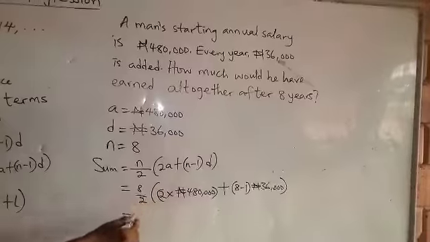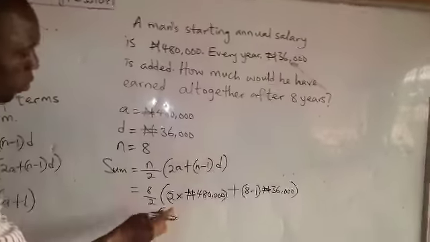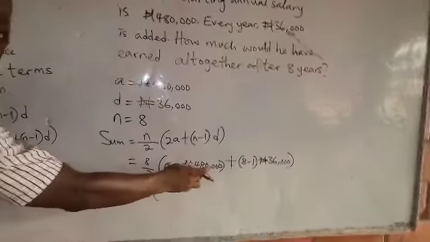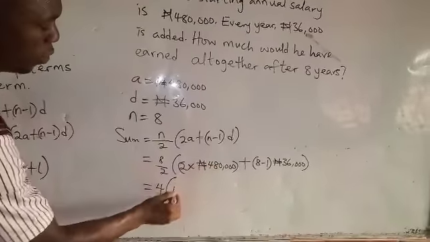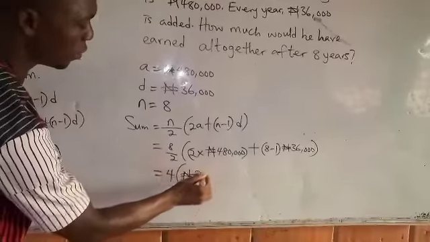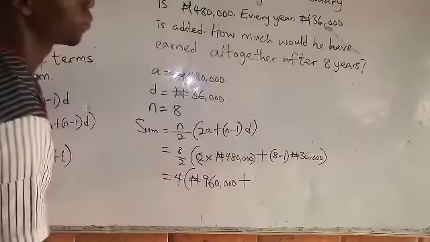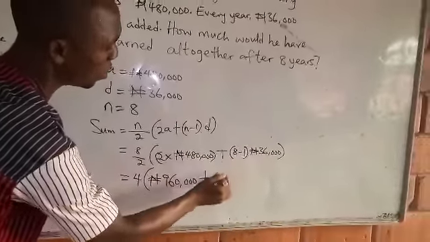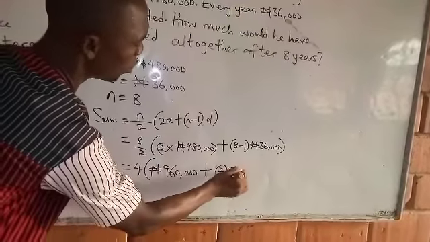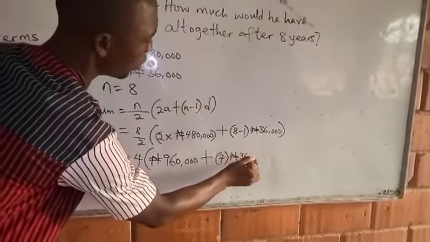Now 8 divided by 2, that is 4. 2 multiplied by 480,000 will give us 960,000 naira, plus 8 minus 1, 7 multiplied by 36,000.